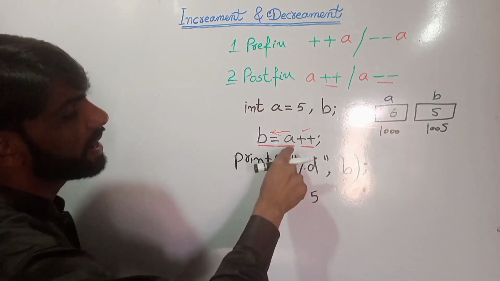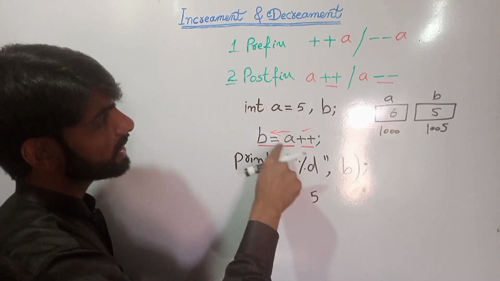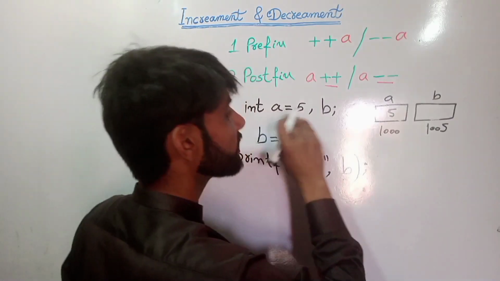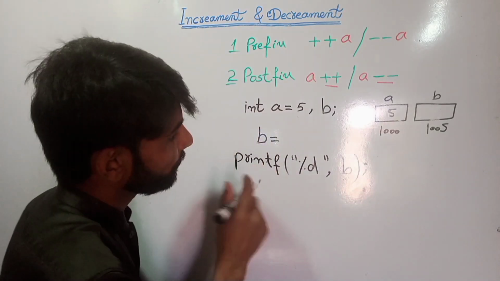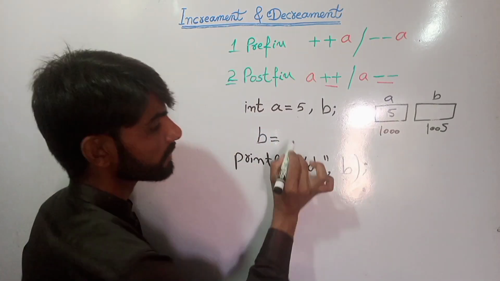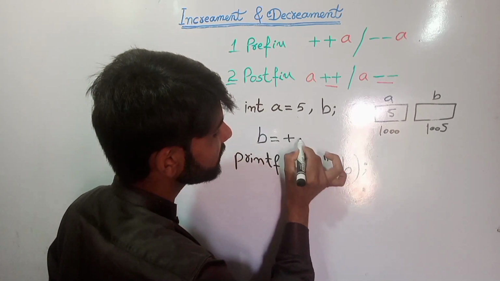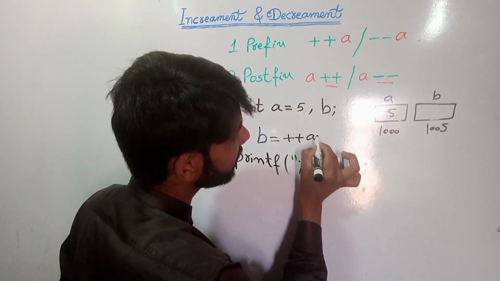Now we will apply the prefix increment operator. A is initialized with 5 and B has nothing, right? So we write the increment operator first and then the variable.